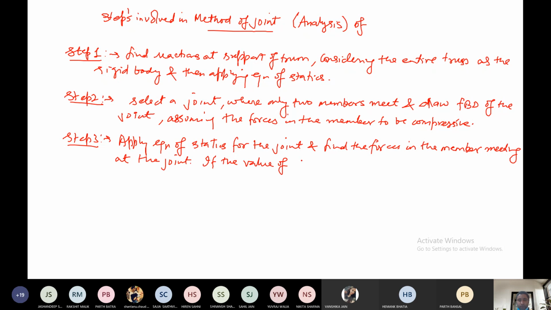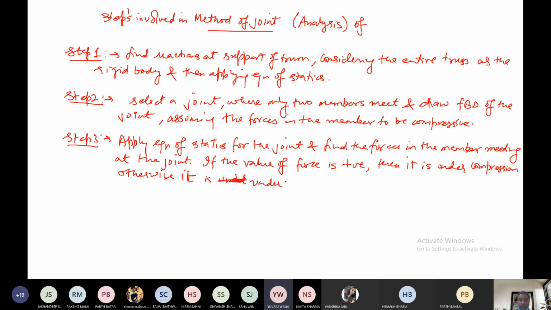If the value of the force is positive, this is an important step, okay? If the value of the force is positive, then it is under compression. Otherwise, it is under tension. Okay? So this is step number 3.